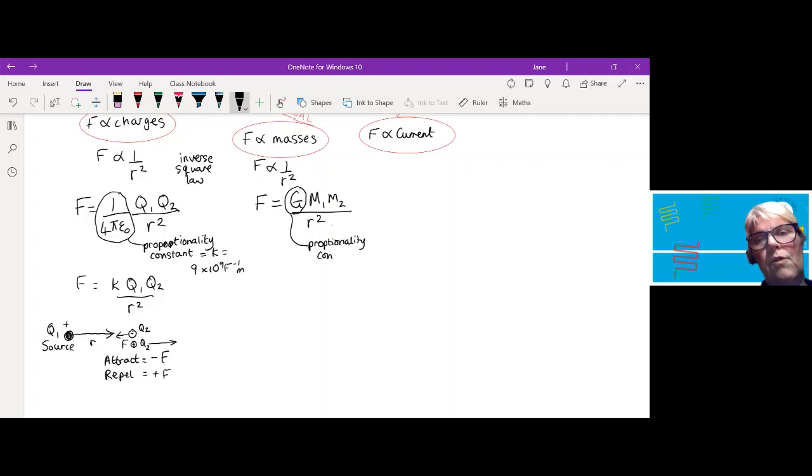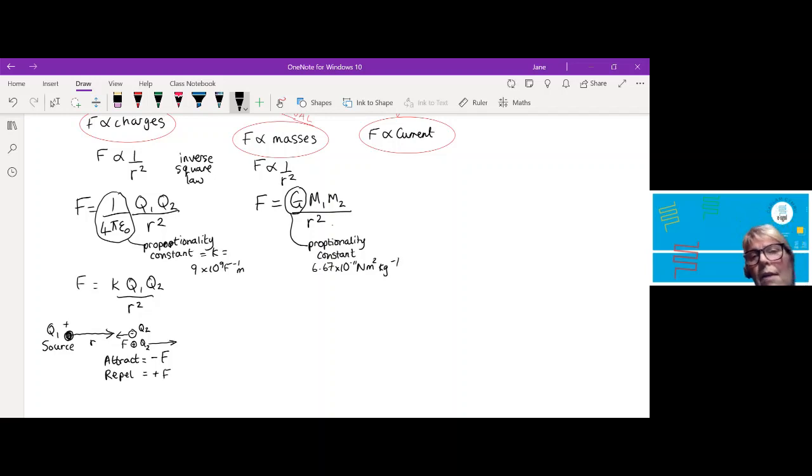And that is given to you in your data booklet: 6.67 times 10 to the minus 11 newton meter squared kilogram minus 2.